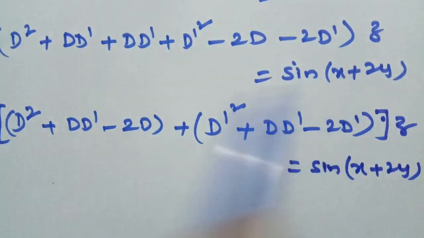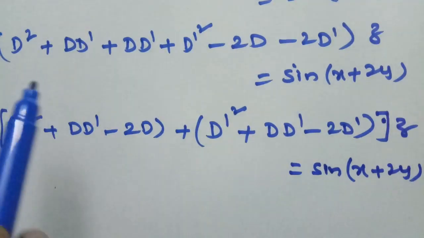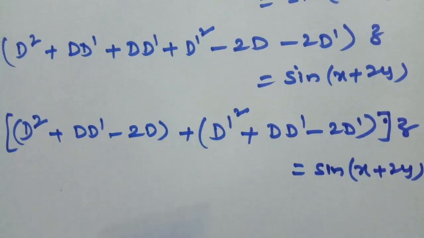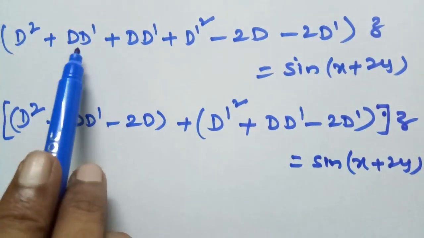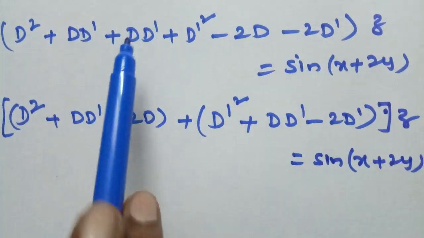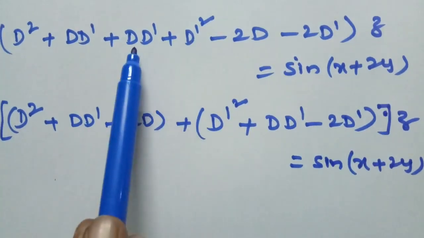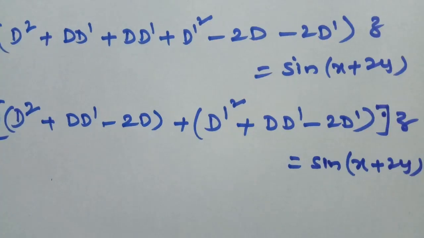So we have grouped the given expression into two parts. The first group is D square plus DD dash minus 2D. The second group is DD dash square plus D dash minus 2D dash.